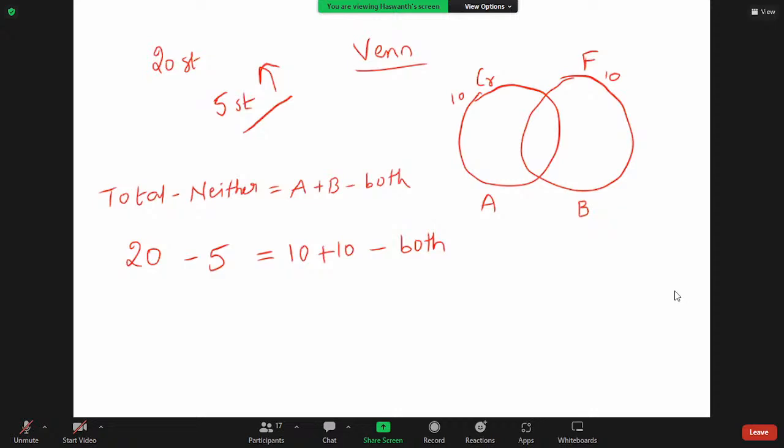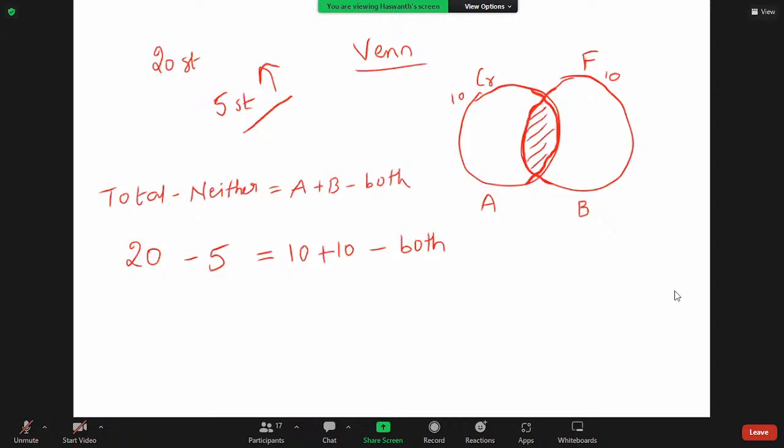Let's say we need to find out both. Now we are subtracting both because any person must be counted only once. But the persons in the region both are counted twice. As they are playing cricket, they are counted once with the cricket set. As they are playing football, they are counted once with the football set. But any person must be counted only once. These persons are counted twice, so we subtract.